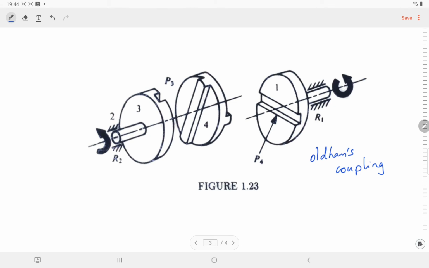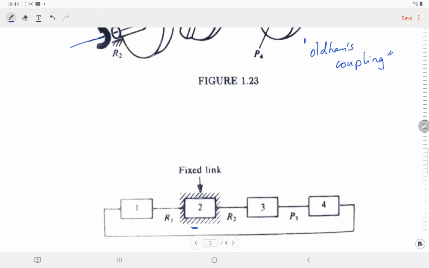So what we will achieve is the rotation of a shaft or this link 3 will be converted into a rotation once again, but in a different axis. So these axes are different. So that can be achieved. Okay, so this is known as Oldham's coupling.